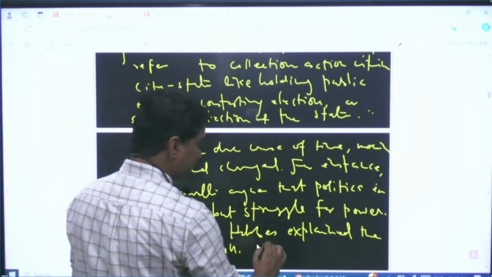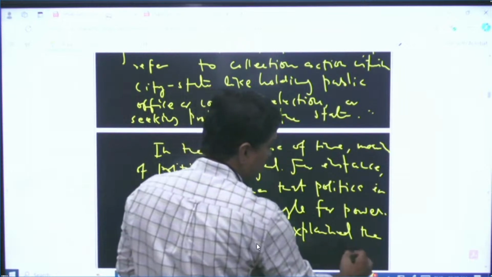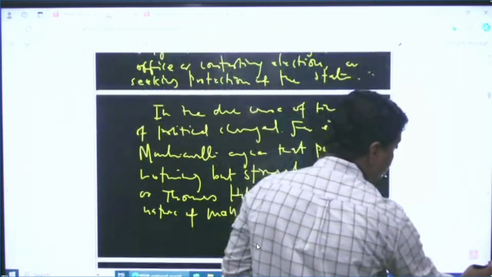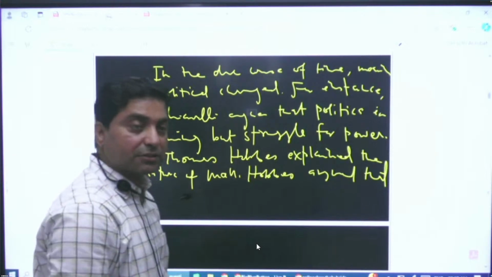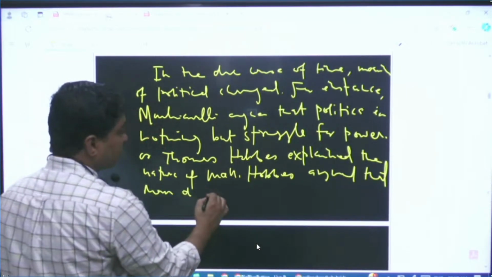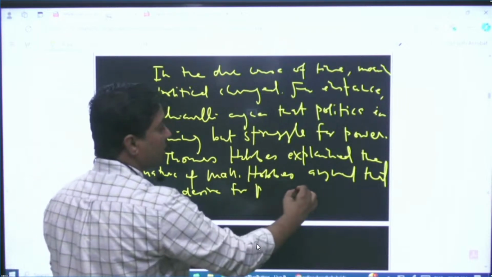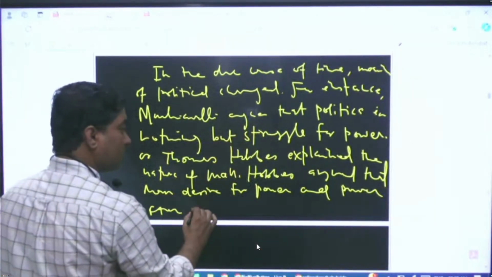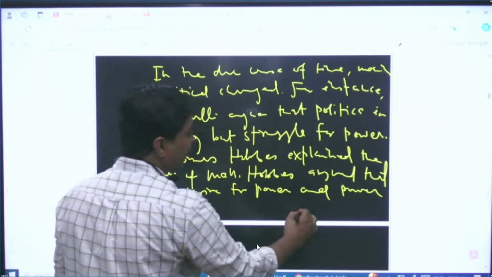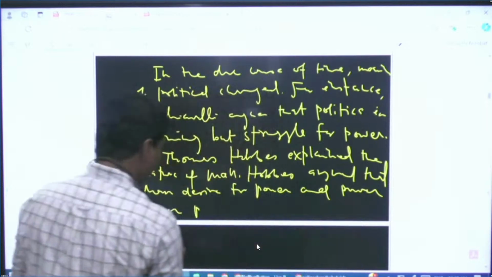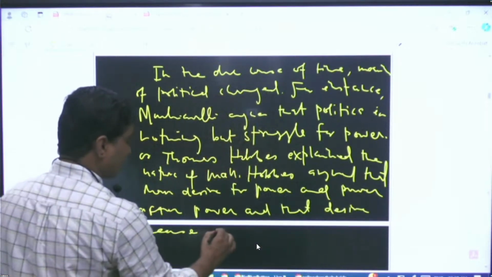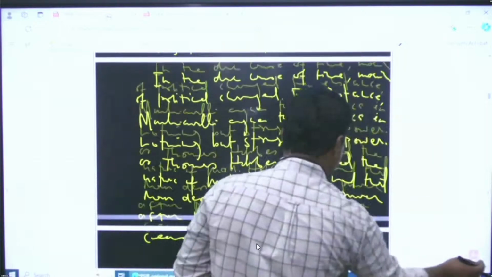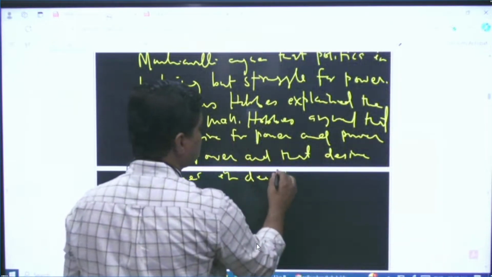Hobbes argued that man desires power after power, and that desire ceases only in death. Right?